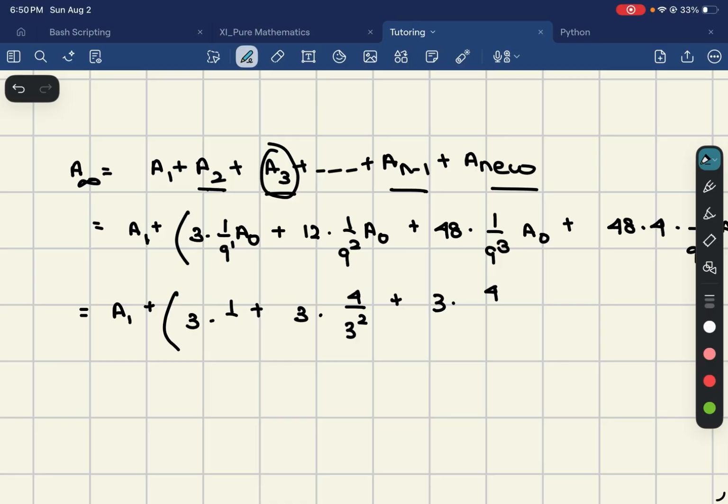So the second term, 9 squared, right? So I have 1 over 9, 1 over 9 squared. The next term is going to be 3 times 4 over 9 to the power 3, right? Okay, let me rewrite everything.